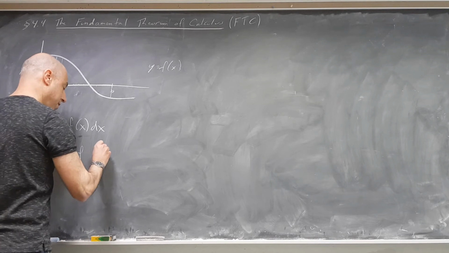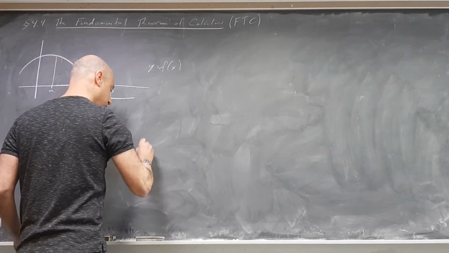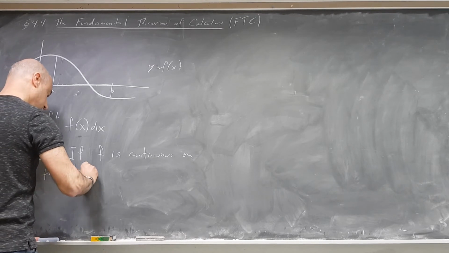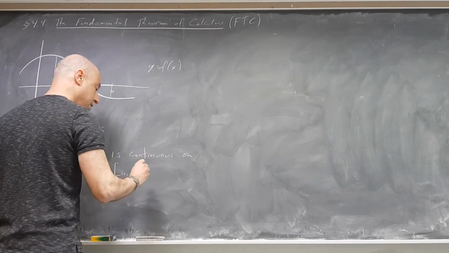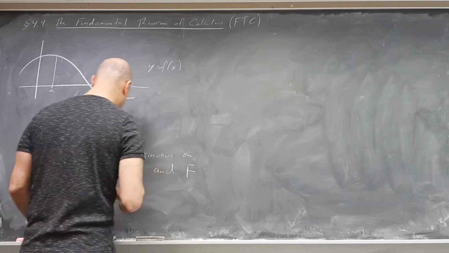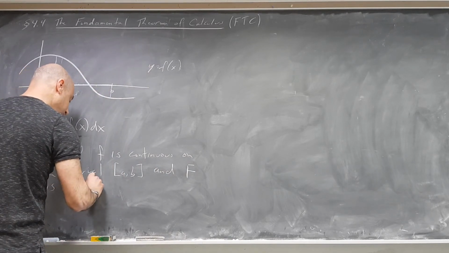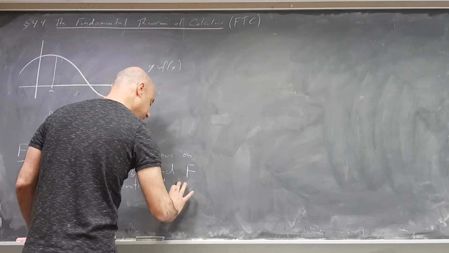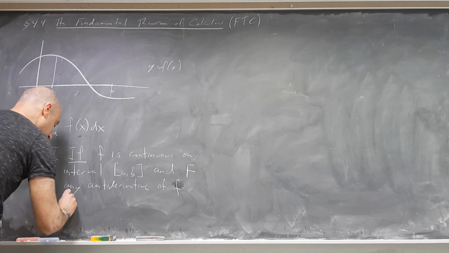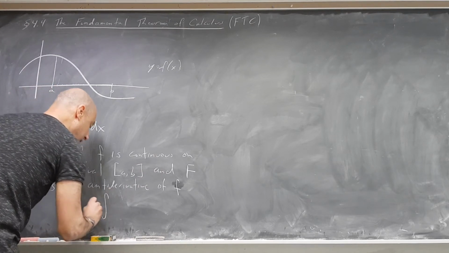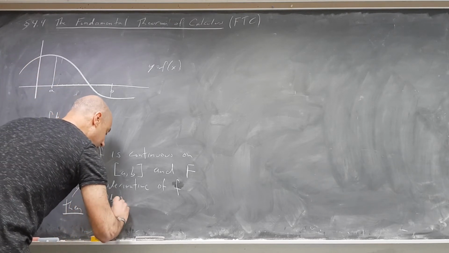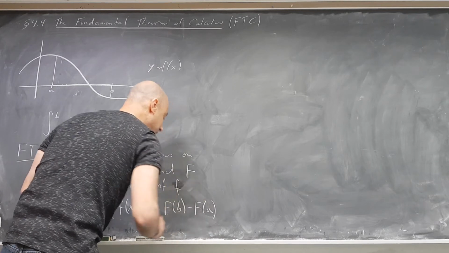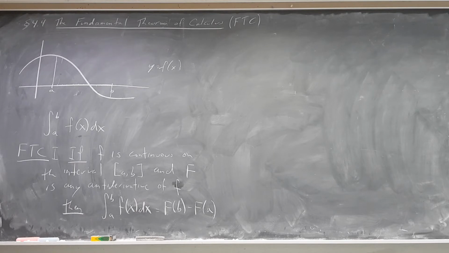So if the function f is continuous on the interval a b, and capital F is any antiderivative of lowercase f, remember we talked about antiderivatives, then the definite integral between a and b of f of x dx is capital F of b minus capital F of a.